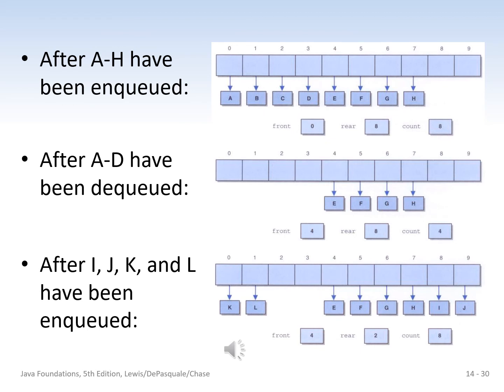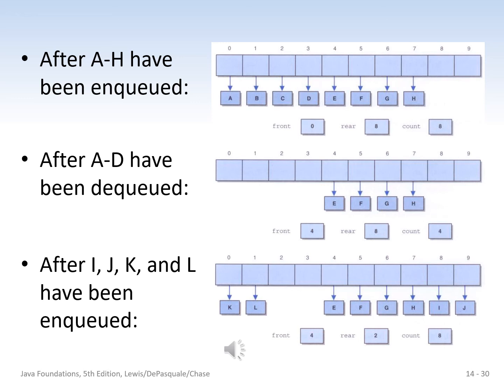Here we have a series of snapshots, state snapshots of an array-based queue. And we have the array depicted as you would expect a linear array to be depicted. So in the first snapshot, we have A through H have been enqueued.